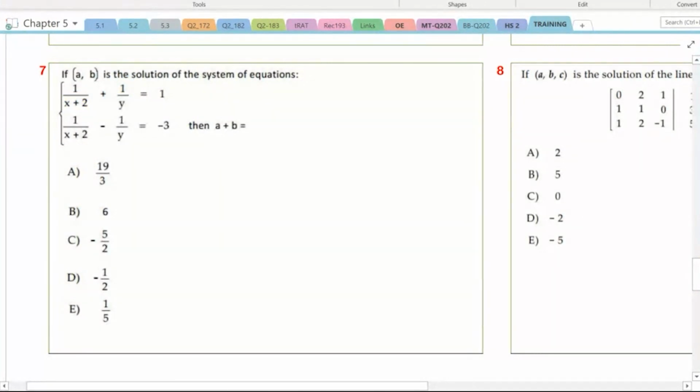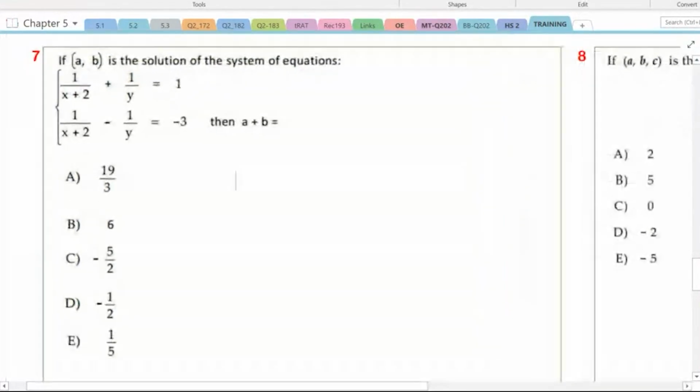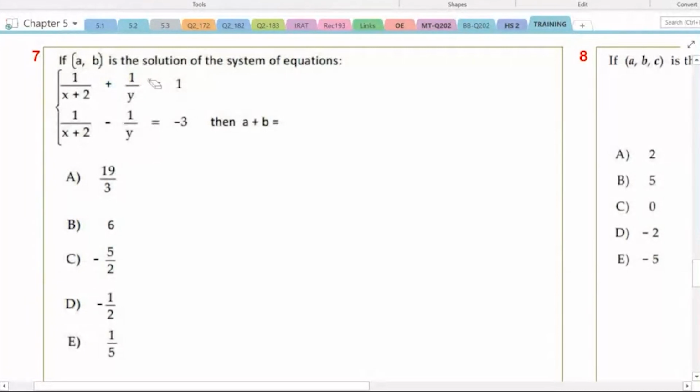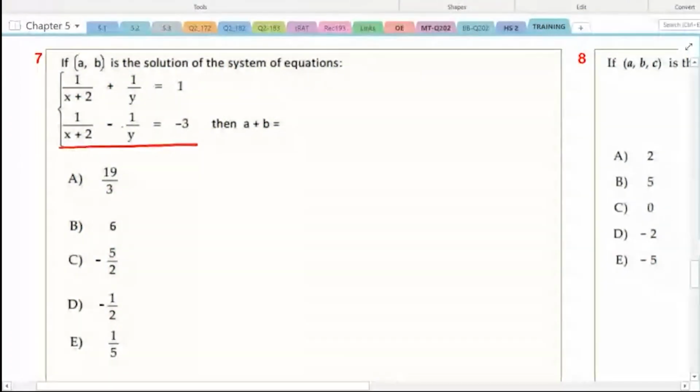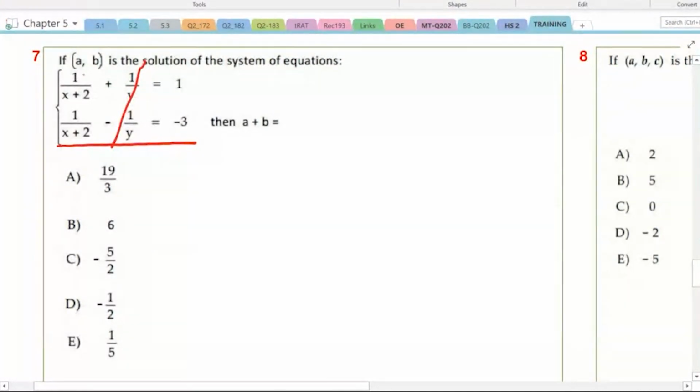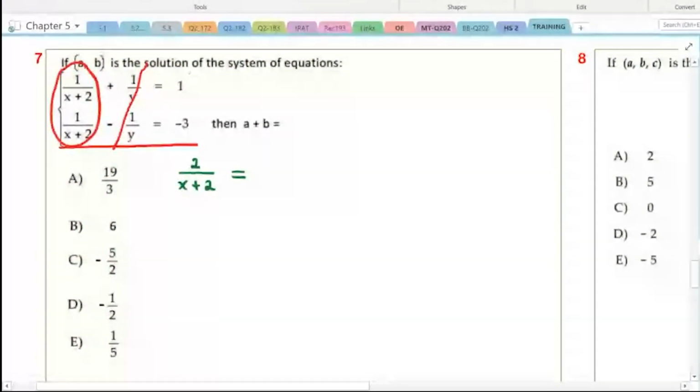Now, we can solve it by elimination or by substitution. Elimination comes in handy. You know why? Because this is positive, while this is negative. So directly, what can I do, gentlemen? Let us use elimination. This is eliminated. When I eliminate, let us add these together. If we add together, we are going to get 2 over x plus 2, and then this is going to be equal to -2.